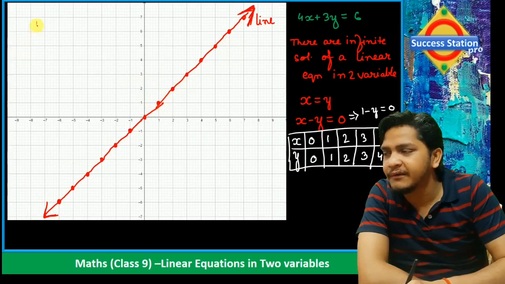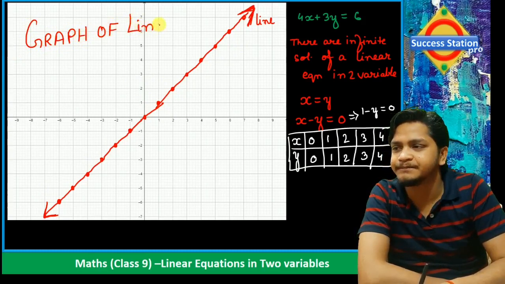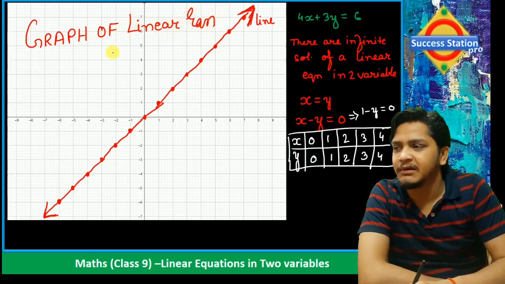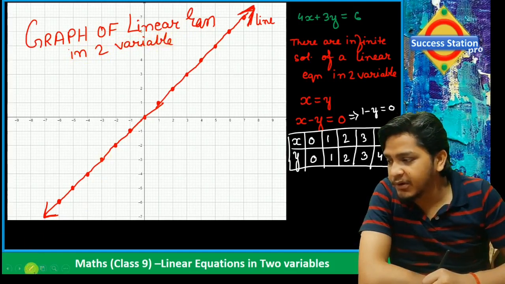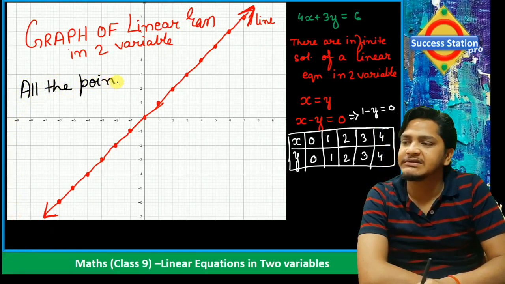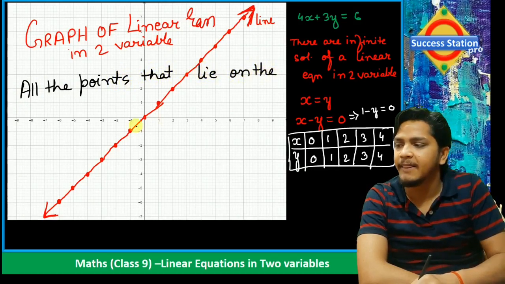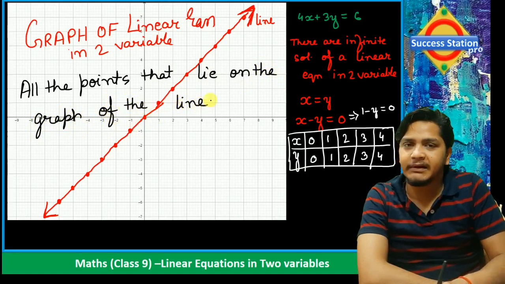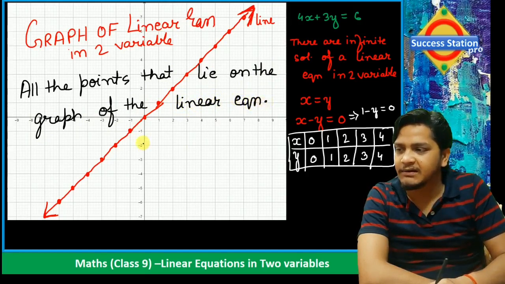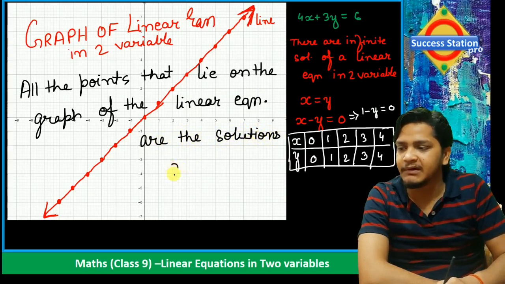Also, a very important point: if you draw the graph of a linear equation in two variables, remember, all the points that lie on the graph of the linear equation are the solutions of the linear equation.